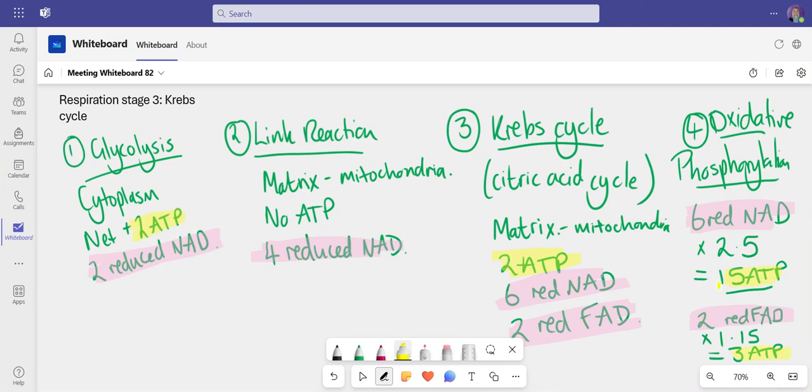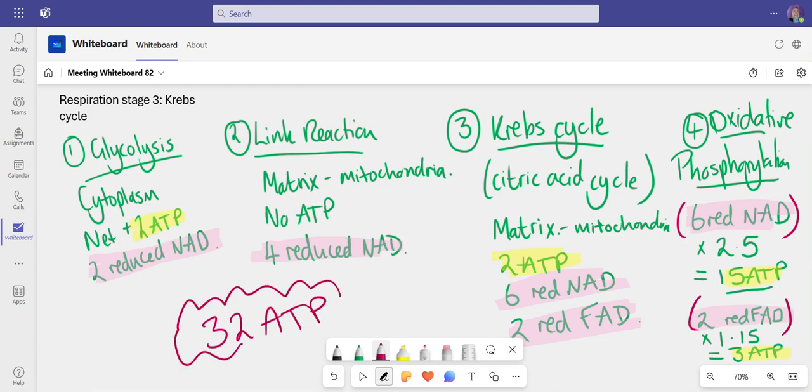So if you then add together all the ATPs that we've made, I'll put these ones in brackets because we're not making them there, we just carried them there. If you add all those ATPs together, in total, it should make 32 ATP in the whole of respiration.